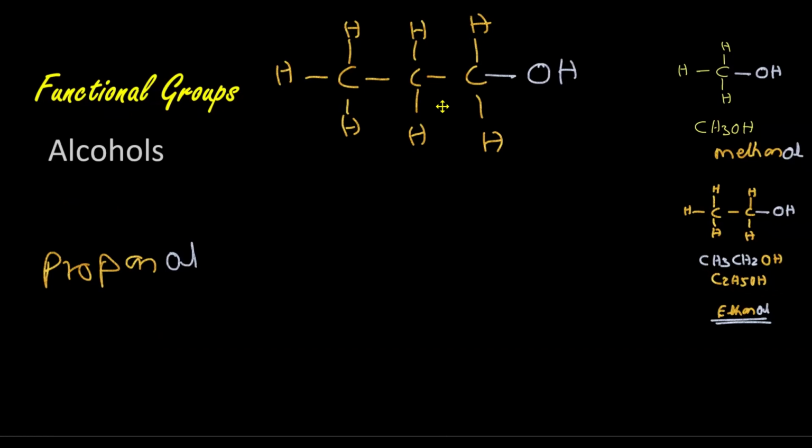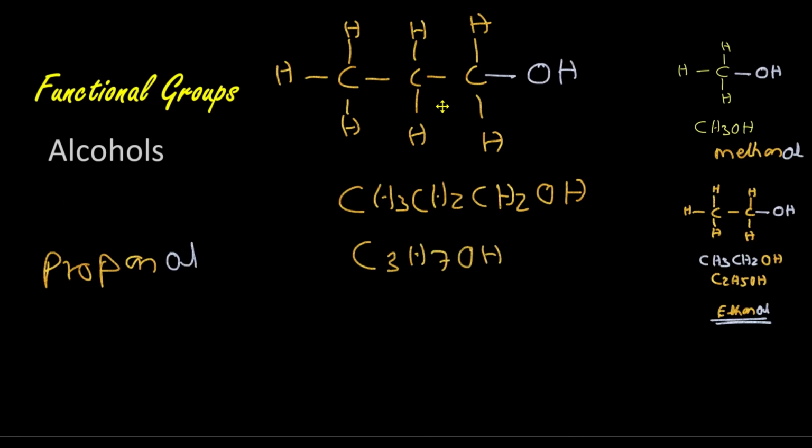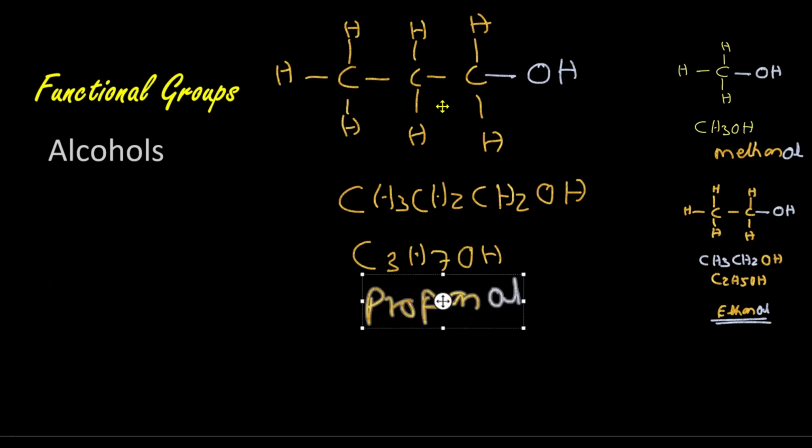With this molecular formula, you may write either CH3, CH2, CH2, OH, or you may write C3H7OH. And the name, as I said, is now propanol. Similarly, you can make butanol, pentanol, and hexanol.